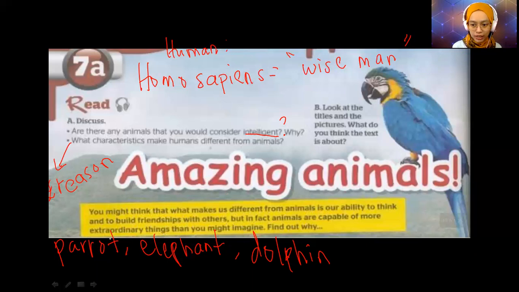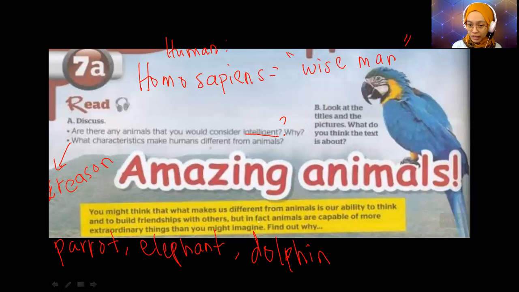Okay, now saya translate untuk awak. You might think that what makes us different from animals is our ability to think. Awak mungkin fikir yang apa yang membuatkan kita berbeza dengan haiwan ni adalah kemampuan kita, our ability to think and to build friendship, untuk membina persahabatan with others, dengan orang lain lah.